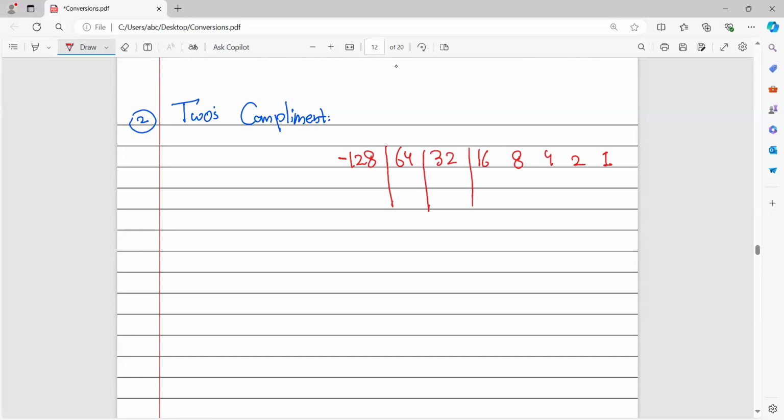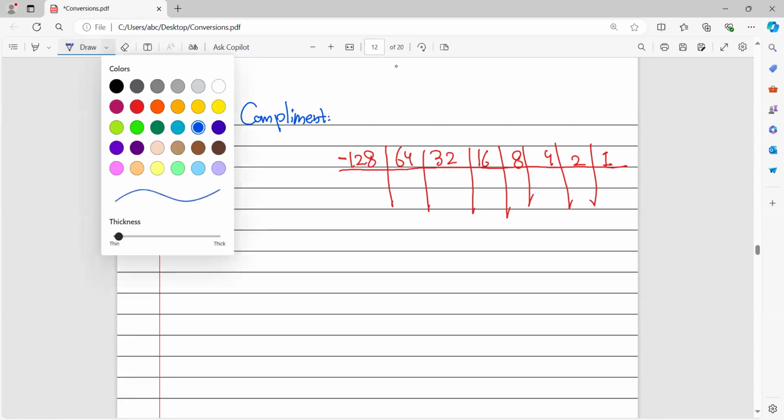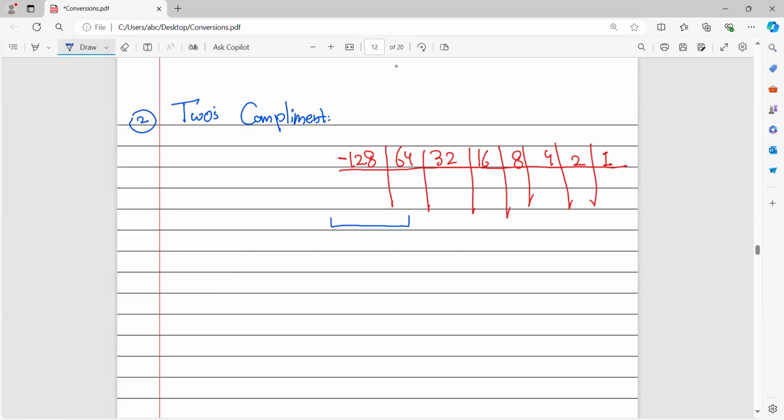Why am I using this minus 128? It is supposed to be the positive number, but you need to understand that I'm using the minus.